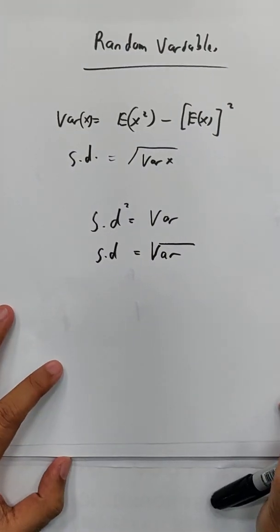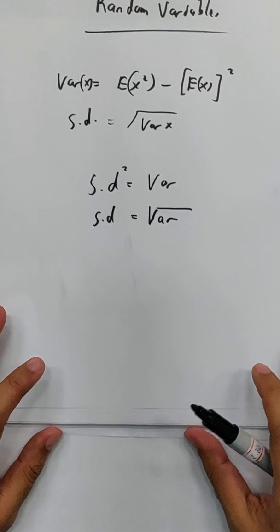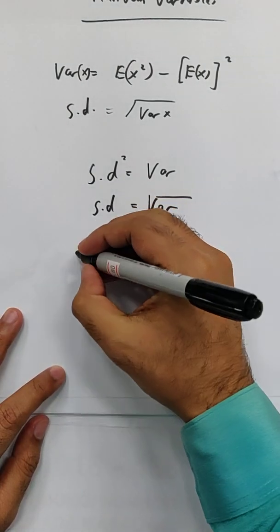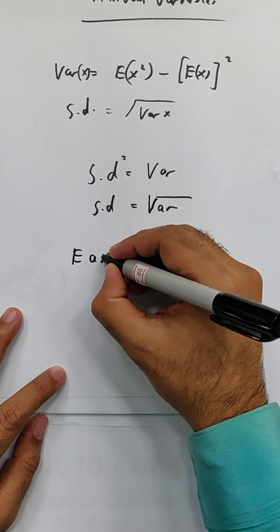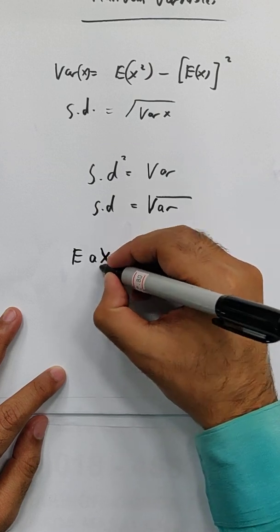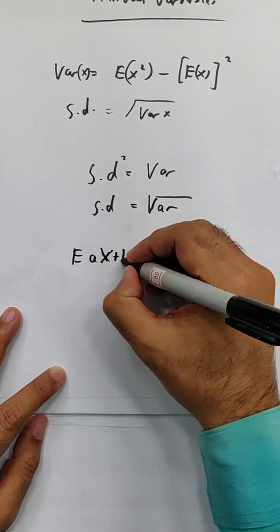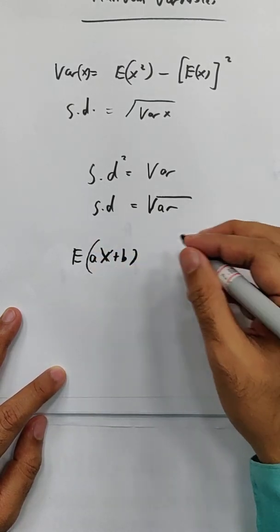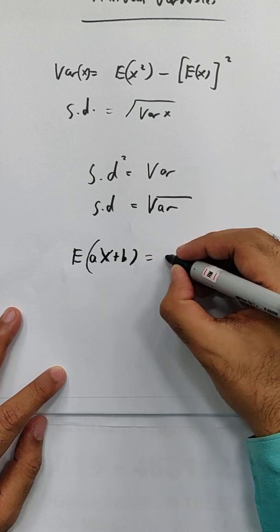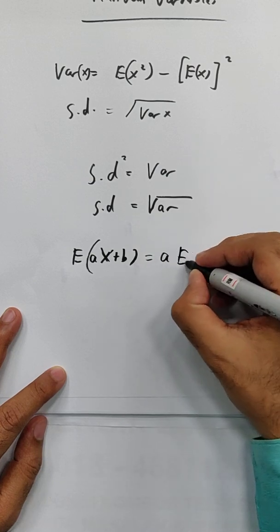Okay, the new thing that you need to learn, new thing that you need to remember is this. If I manipulate the mean, I can also rewrite it as this.